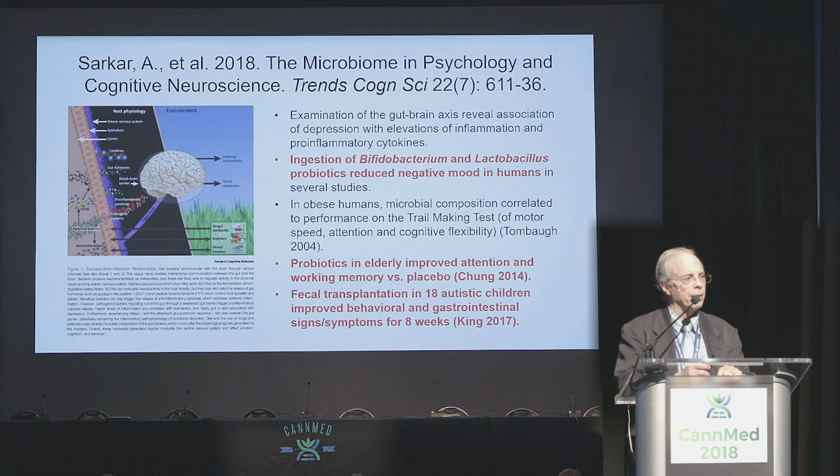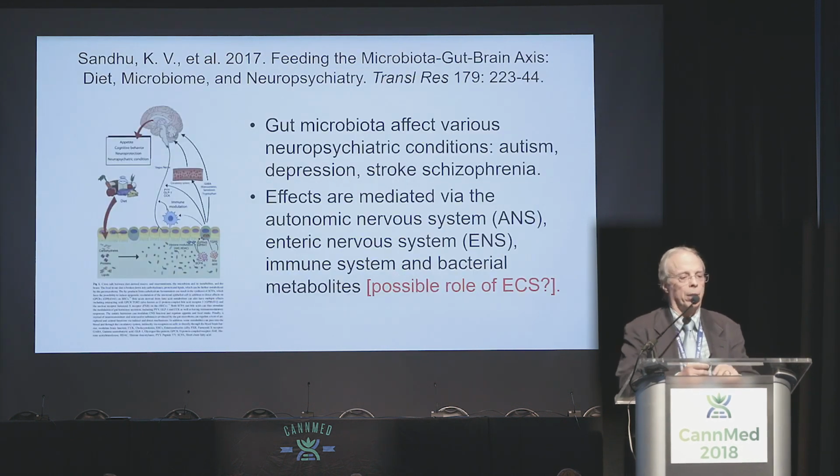There are some diseases, particularly Clostridial infections, that are treated with fecal transplantation. When this was done in autistic children, there were improvements in the behavioral and GI signs and symptoms over the course of the ensuing 8 weeks. Presumably, this is something that needed to be repeated.